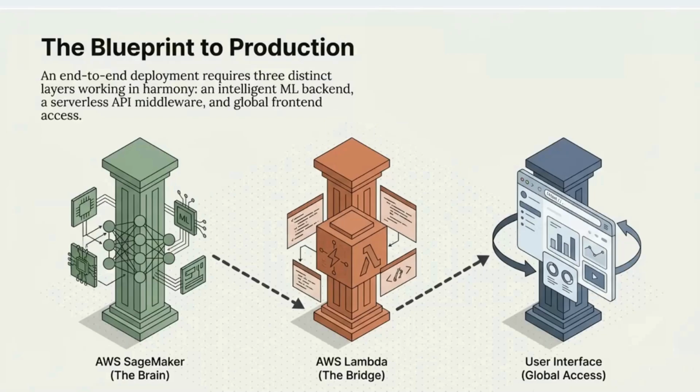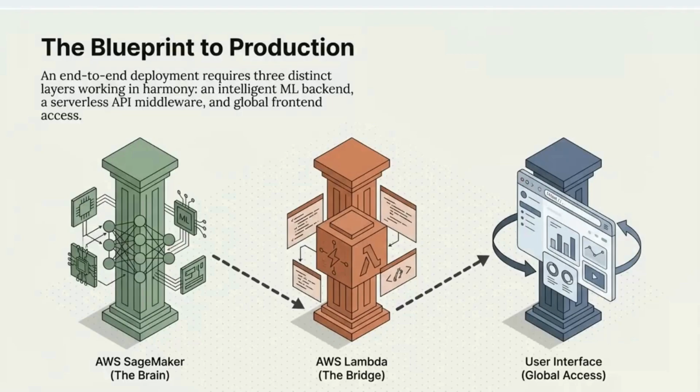Now, these are the three main pillars of the end-to-end workflow. The first one is AWS SageMaker, which I would say is the brain. Here we will be doing the coding, because ultimately we have to create the machine learning model. I have to import the data, do the data cleaning, and try out different models.